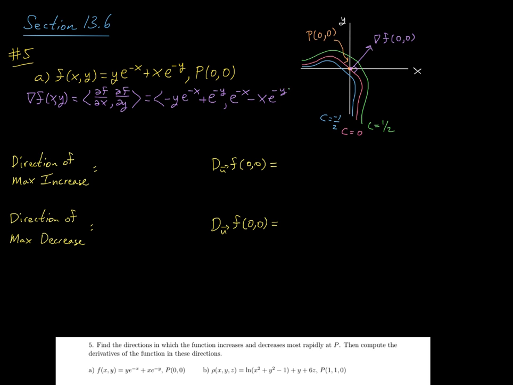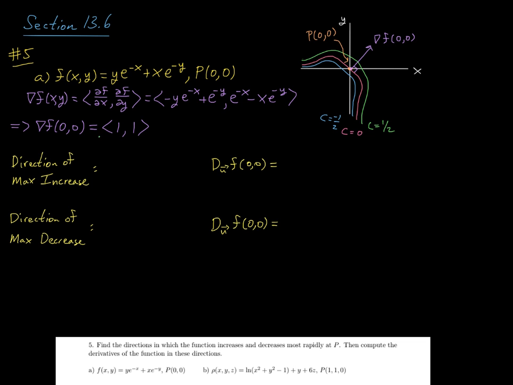Watch those negatives you pick up from the chain rule. Then we can evaluate this gradient at our point P. Plug 0 in for both x and y, and there we're going to get a 1 and a 1. So this is our gradient at our point P.